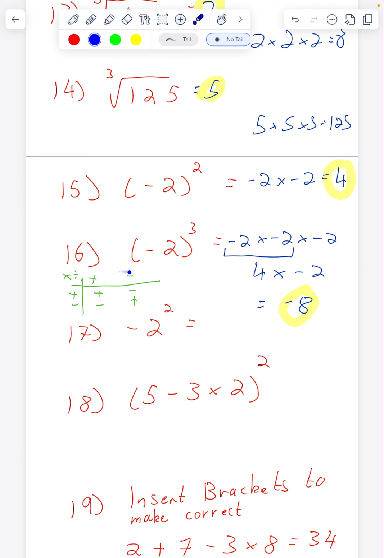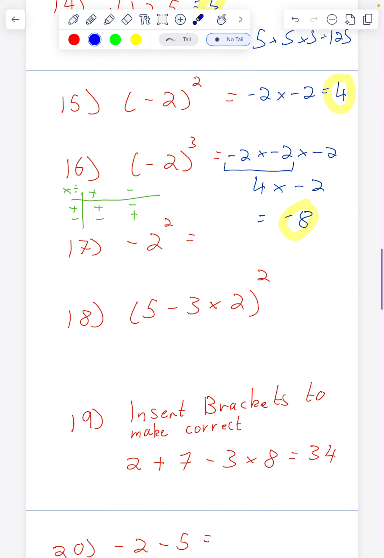If one is positive and negative again, you get a negative answer. If they're both negative, you get a positive outcome. So in the thing up here, because they were both negative and you're timesing, a negative times a negative gives you positive. On this one, because we had the 4 times a minus 2, that was positive with a negative, you get a negative outcome, as you can see down here.